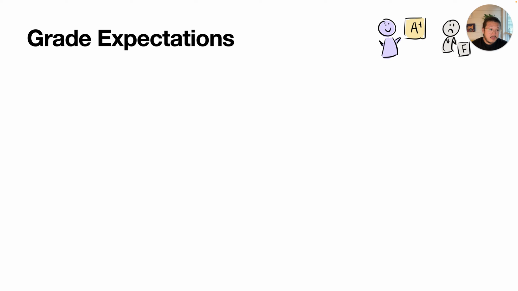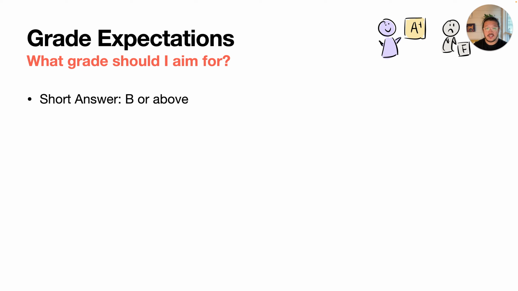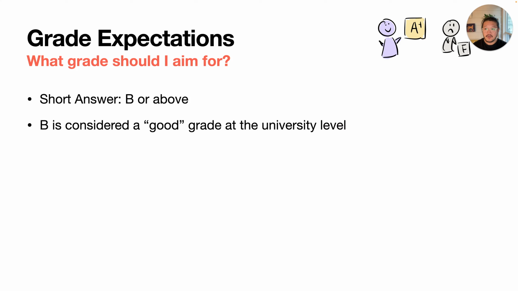Now when we talk about participation grade, I want to have a word with you about the grade expectation you should have for this class, or really what grade you should aim for. That may be the question you want to ask. The short answer is we hope you would aim for a B or above. B is considered a good grade at the university level.